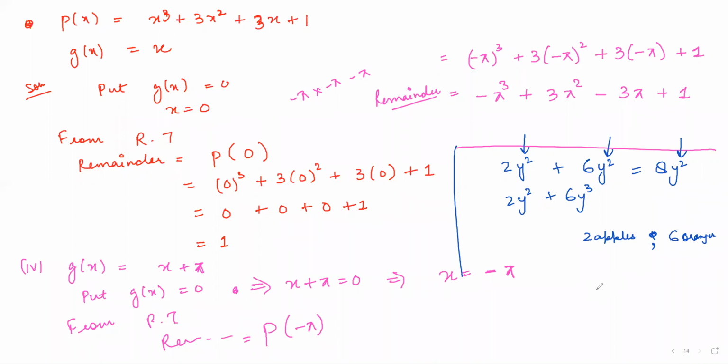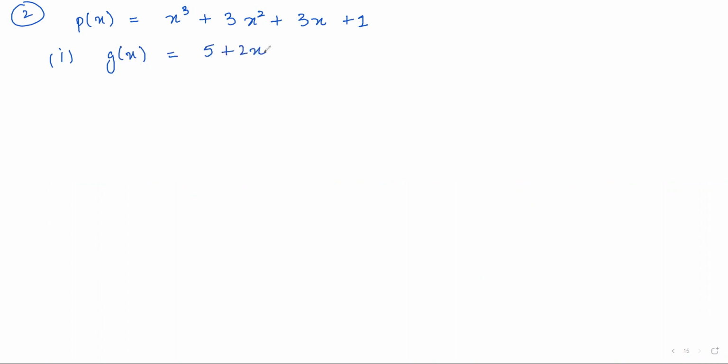Let's come to next question now. Question number 2, first part. Okay, find the remainder when this is your px, which is x cube plus 3x square plus 3x plus 1, is divided by, so first part, your gx is this 5 plus 2x, right?